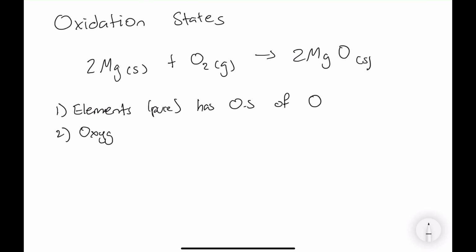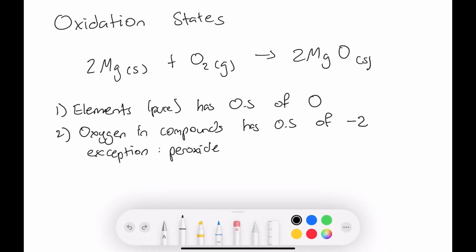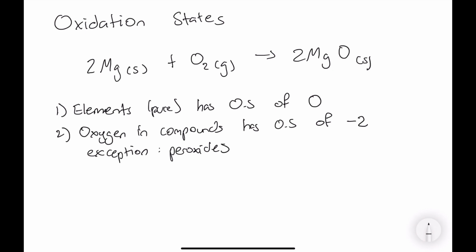Oxygen in compounds almost always has an oxidation state of -2, with its exception being if it is in peroxides, where it is -1.